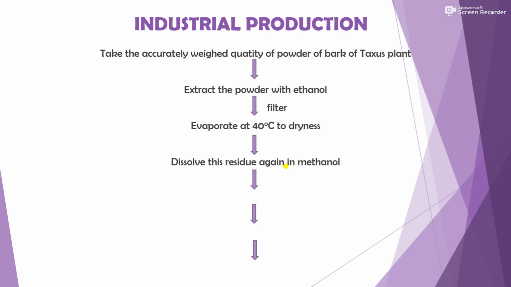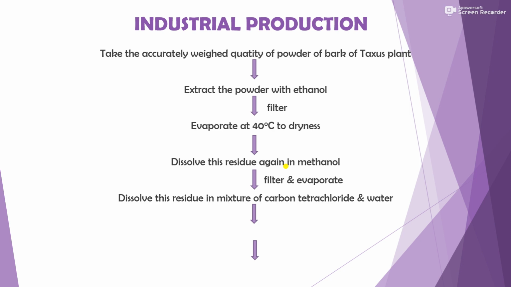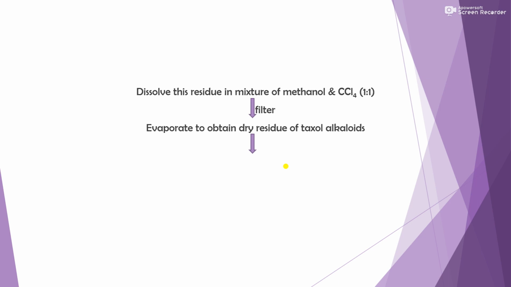Dissolve this residue again in methanol, filter and evaporate, then dissolve this residue in a mixture of carbon tetrachloride and water, filter and centrifuge it, separate and combine the carbon tetrachloride layers, and evaporate it. Dissolve this residue in a mixture of methanol and carbon tetrachloride in a ratio of 1:1, filter it again, then evaporate to obtain the dry residue of Taxol alkaloids.